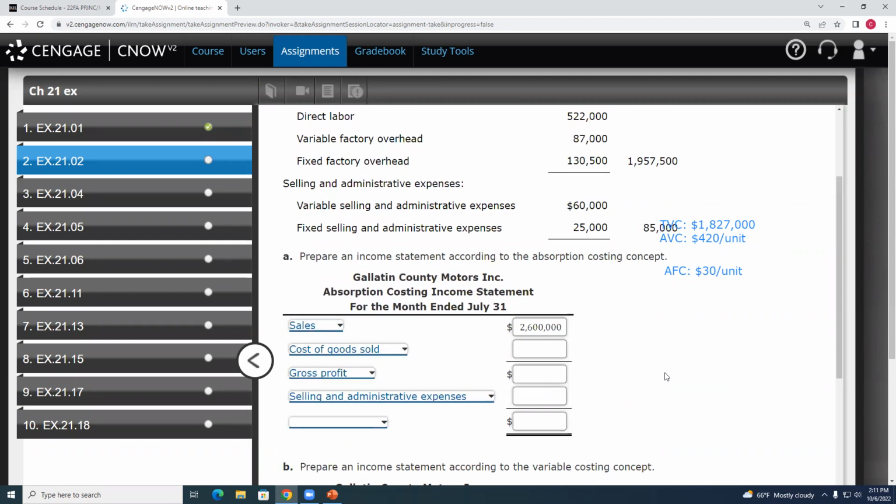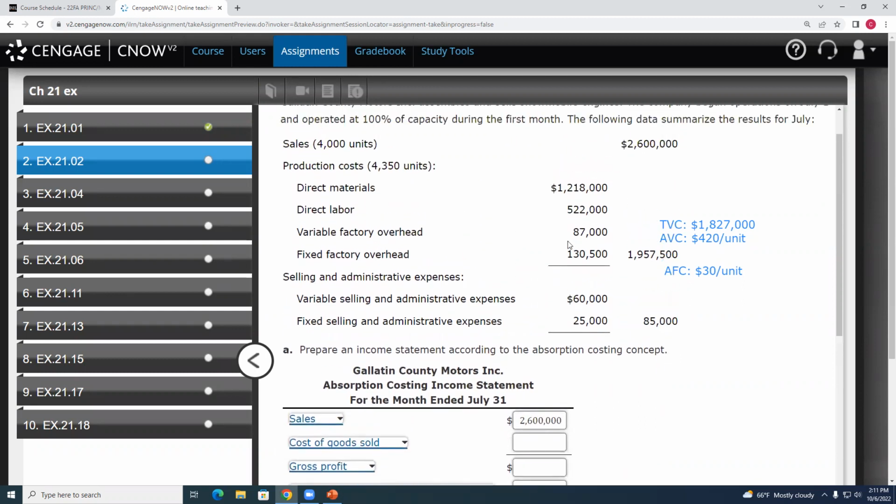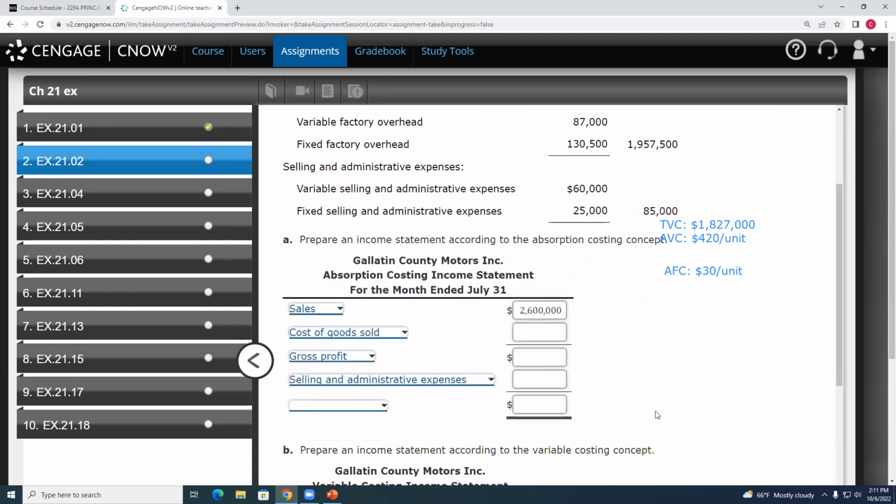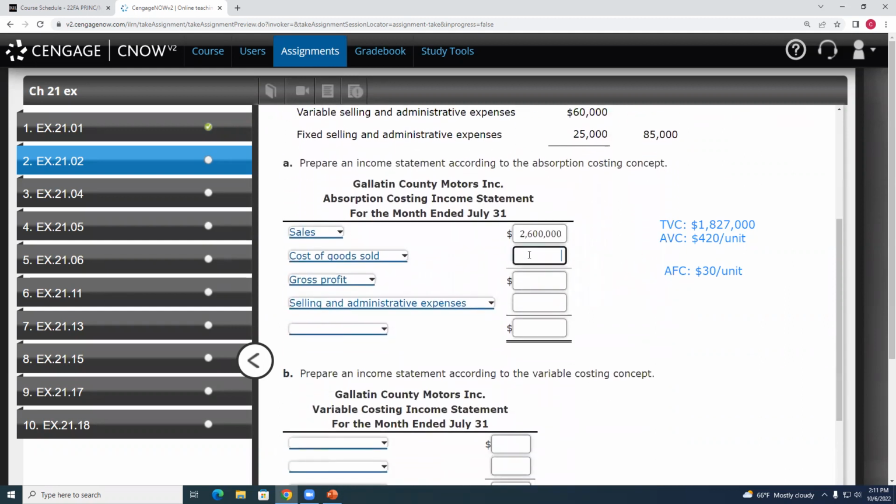Now we have to calculate our cost of goods sold. So how many units did we sell? 4,000. For absorption costing, we use the full cost. We use not only the variable cost, which we already calculated is $420 per unit, but we also include the $30 per unit in fixed costs.